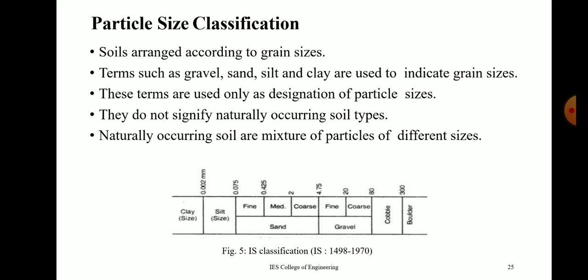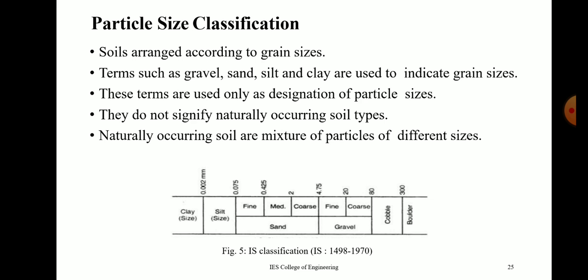In this figure, we can see that the soils are classified as clay, silt, sand, gravel, cobble and boulders. If the particle size is less than 0.002 mm, it is termed as clay. If the particle size is between 0.002 mm and 0.075 mm, it is termed as silt. The sand is here divided into three, that is fine, medium and coarse.